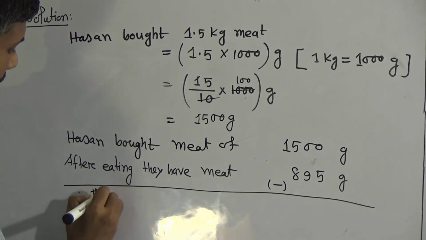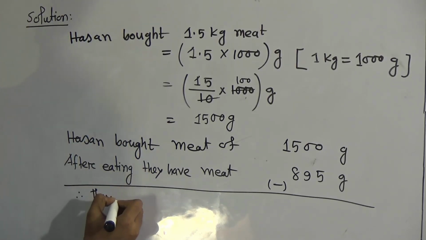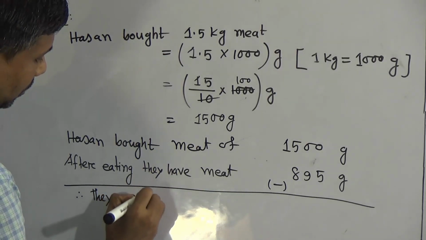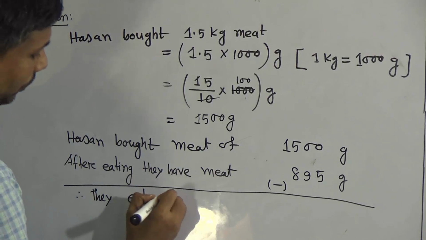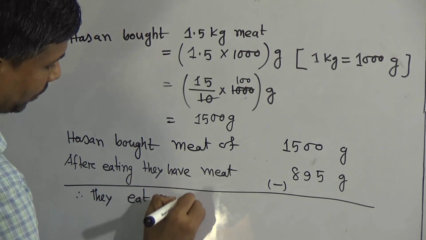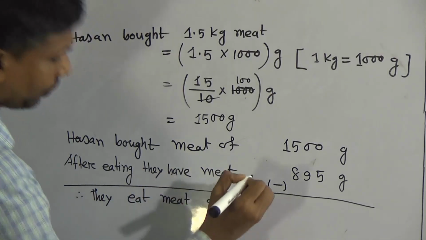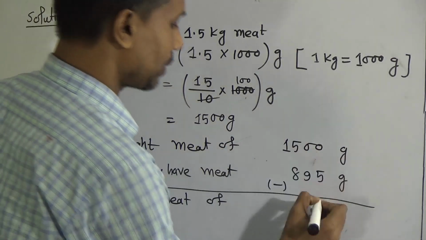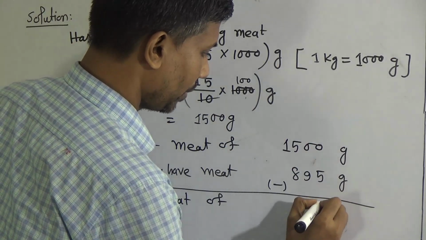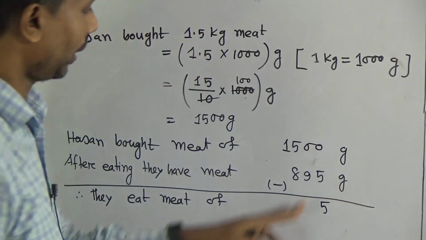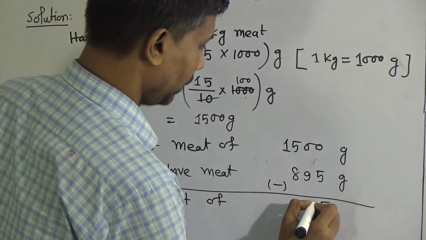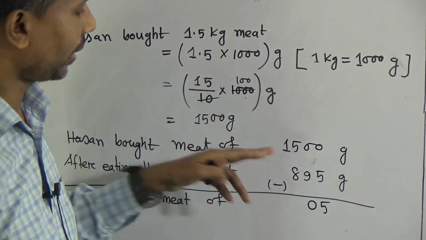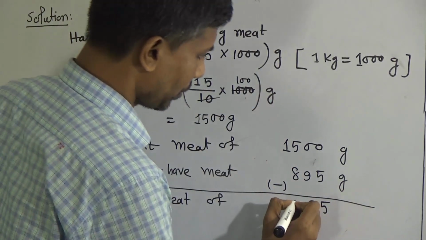They ate meat of how much? Subtract now. 10 minus 5 equals 5. You have 1 in your hand, 9, 10, then 0. 8 plus 1, 9. 15 minus 9 equals 6.